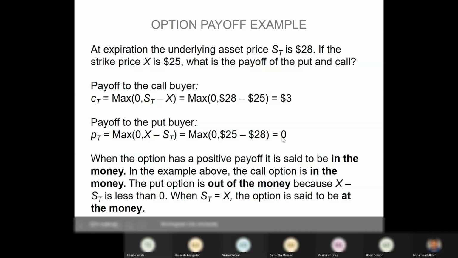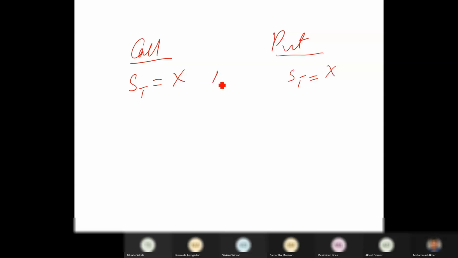Now, I'll just write this here: for call option and for put option, we know that whenever ST is equal to the exercise price, we call it, the option is at the money.